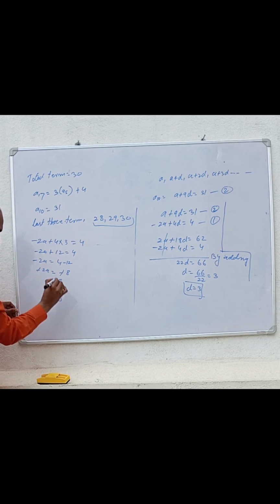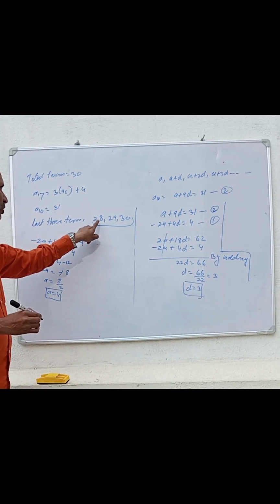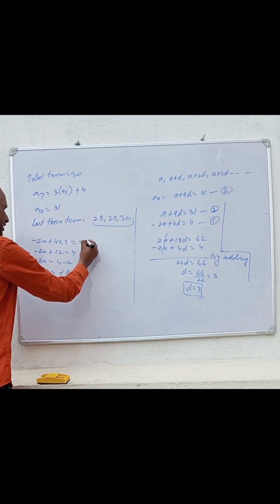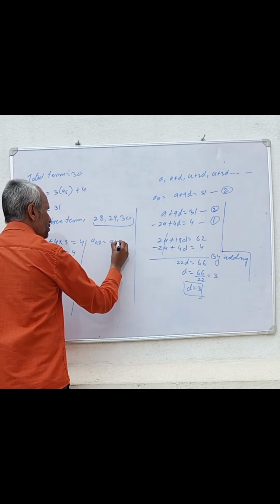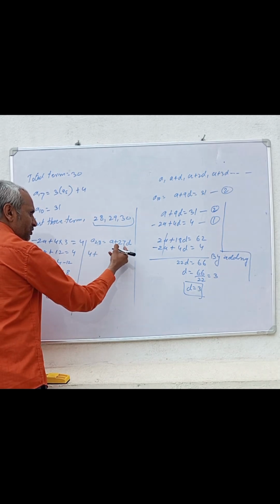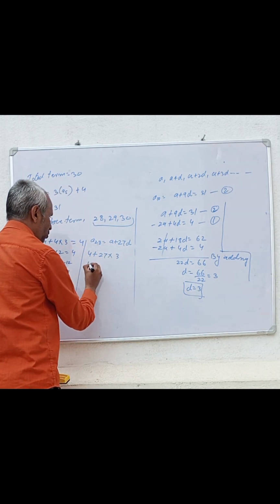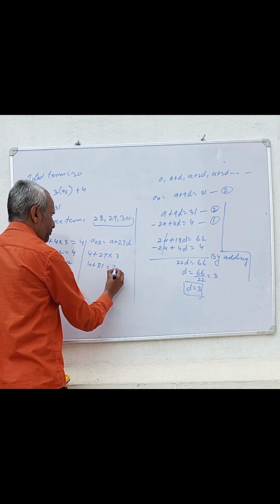We got A, and D. Now we are going to find the last 3 terms: 28, 29 and 30. Let's find the 28th. A28 means A plus 27D. A value we got is 4, and 27 into D value we got, 3. Now 27 threes are 81, so 4 plus 81 will become 85.